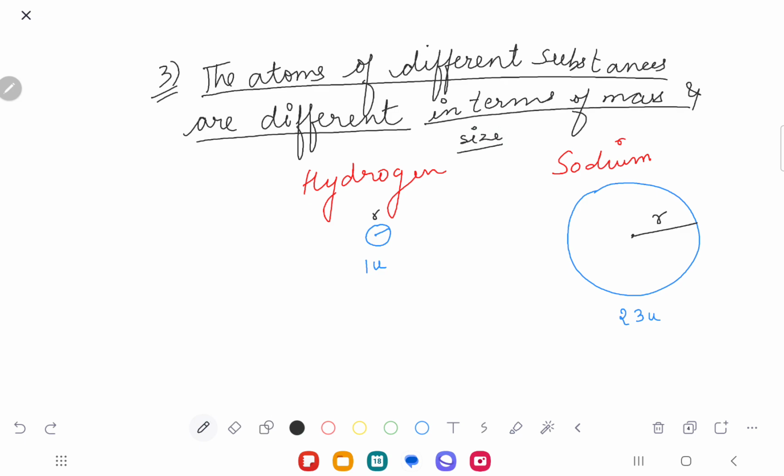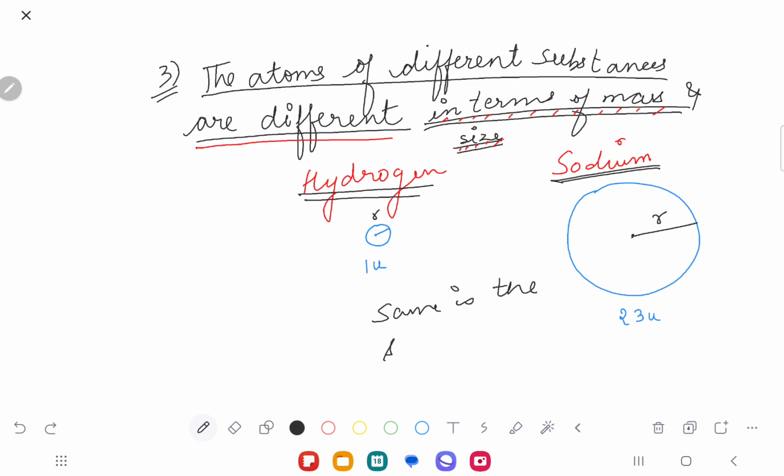You understand my point? The atoms of different substances are different in terms of mass and size. Are you understanding? Yes. That means what? You tell me. So, there is hydrogen and there is sodium, but what is the same in both of them? The same is the shape.